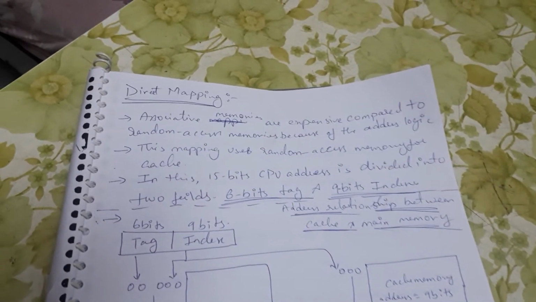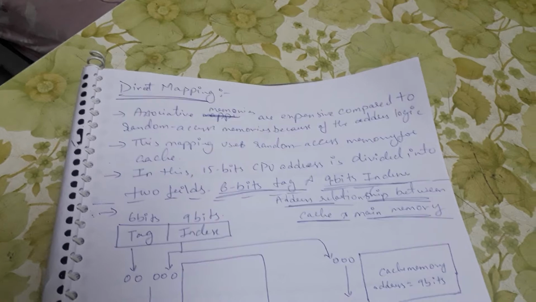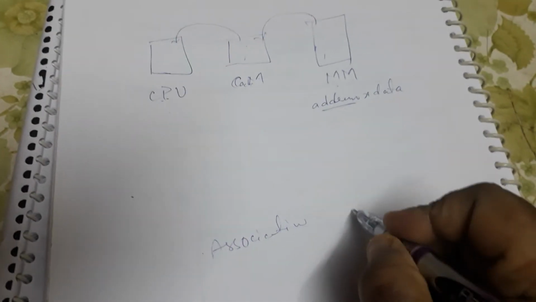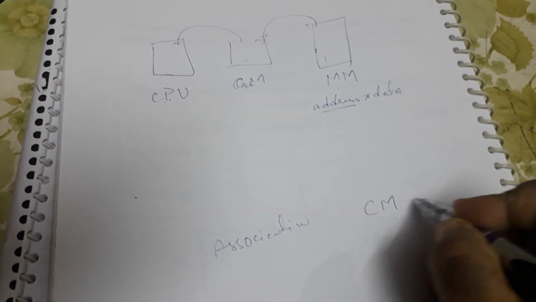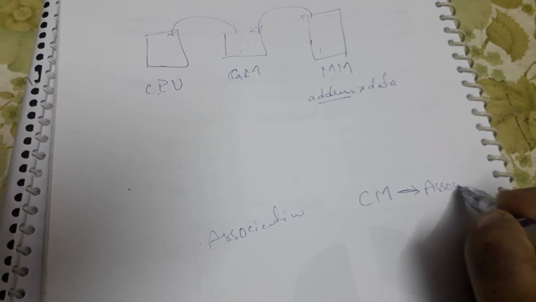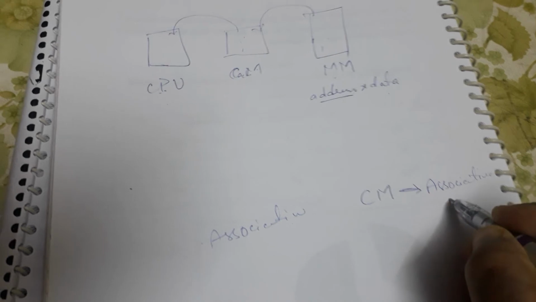What I am trying to say is that in associative mapping, the cache memory has the feature of associative memory.